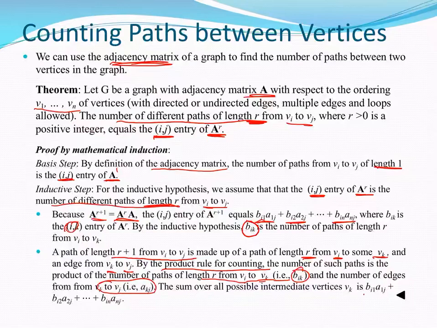That's equal to bi1 times a1j all the way out to bin times anj, which is precisely the ij entry of A to the r plus 1. So it's a very handy tool to be able to raise A to a power to get the number of paths of that length between two vertices.